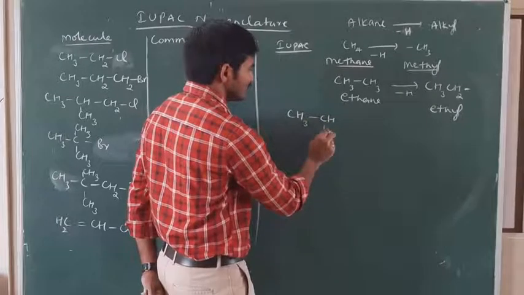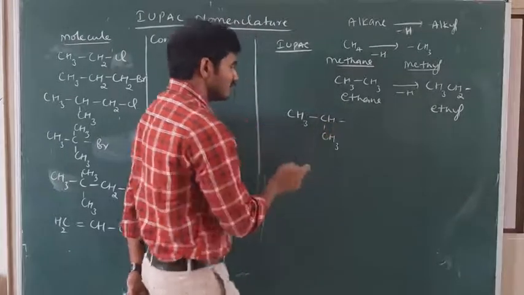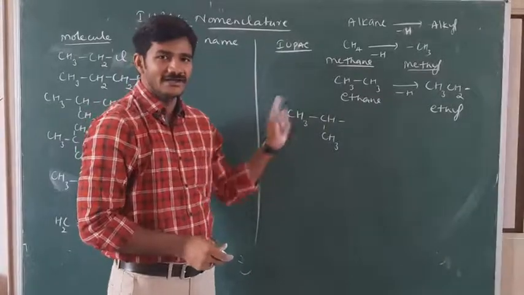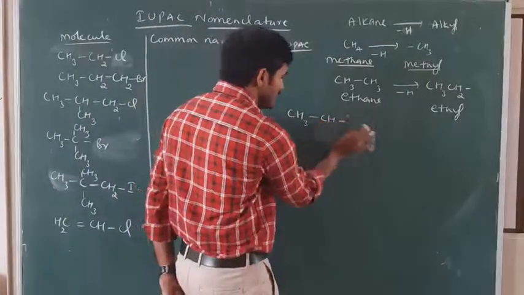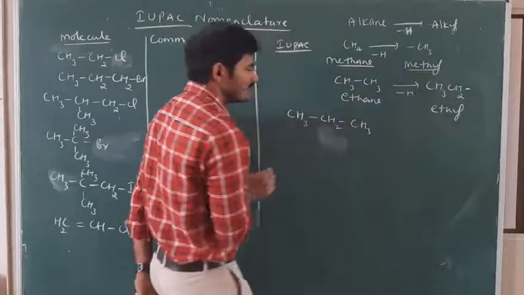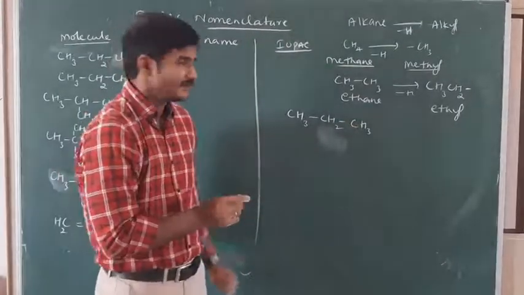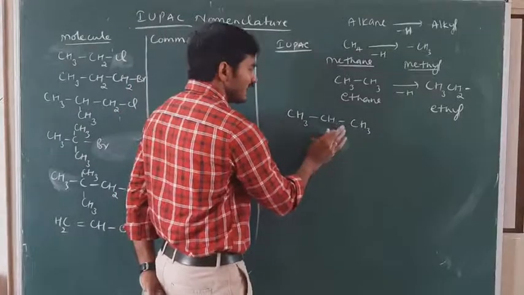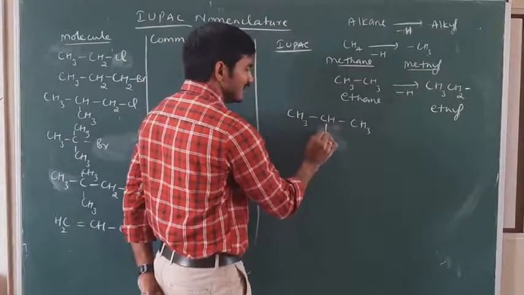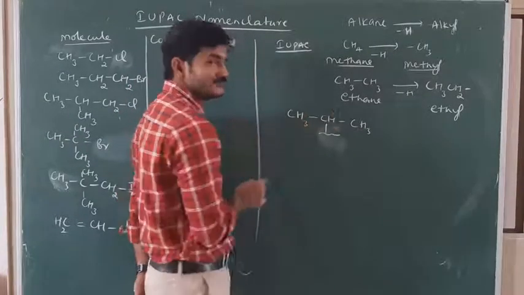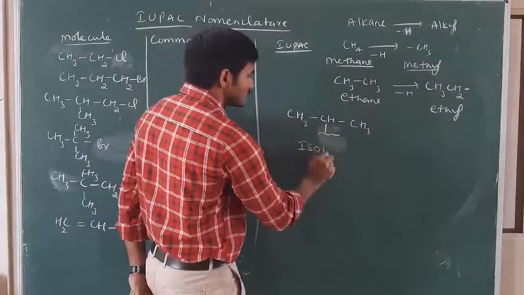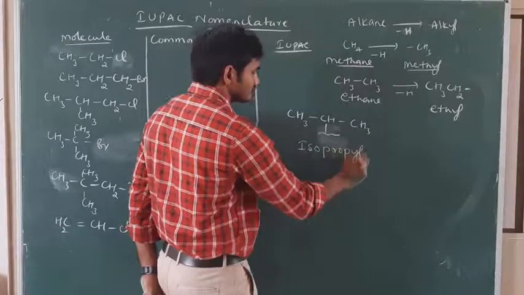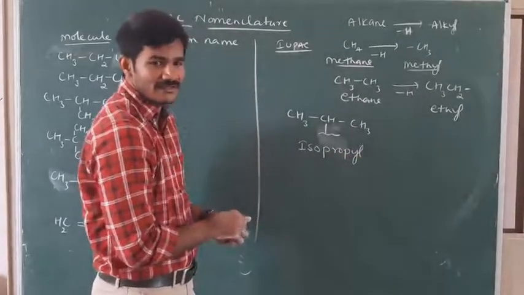We are writing the names. Here the base compound is propane. From propane, if I remove one hydrogen at the second carbon, this group is called isopropyl. Are you confused?